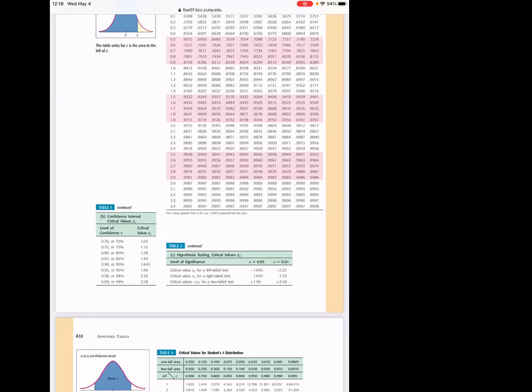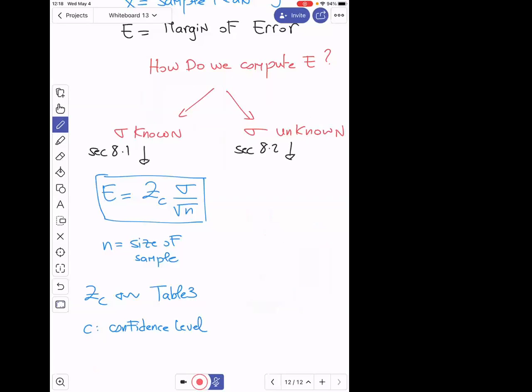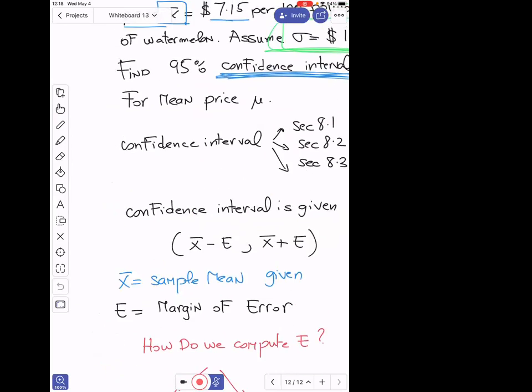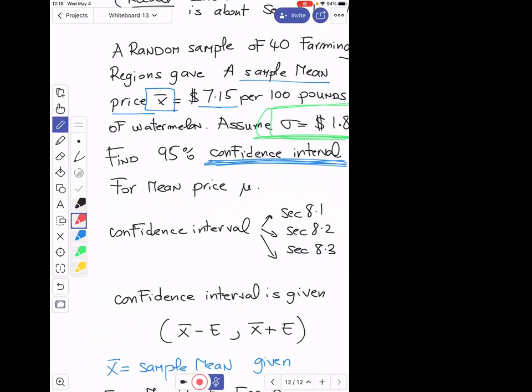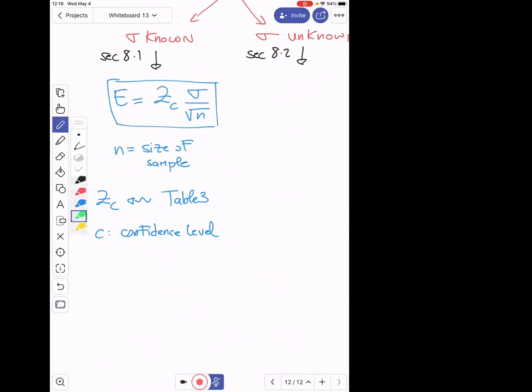For example, in this problem, what's C? The confidence level is the percentage you have just before your confidence interval. Here it says 95% confidence interval, so your confidence level C is 95%.